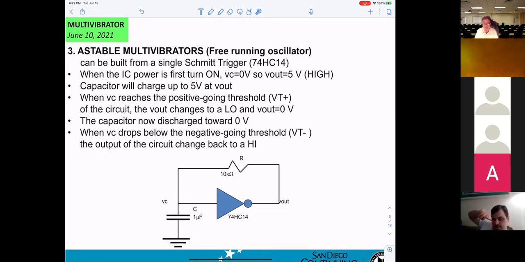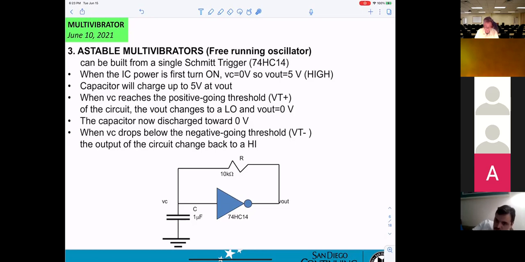When you connect power to that oscillator, it automatically comes out with a square wave, only low and high, 0 and 5 volt, at the frequency you bought. That's what they call a free running oscillator.